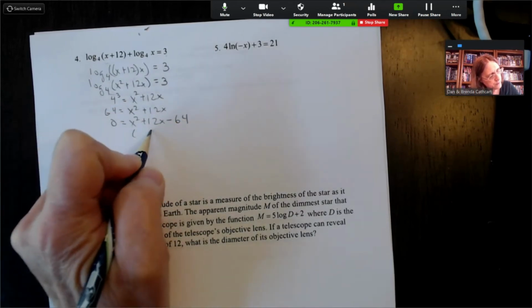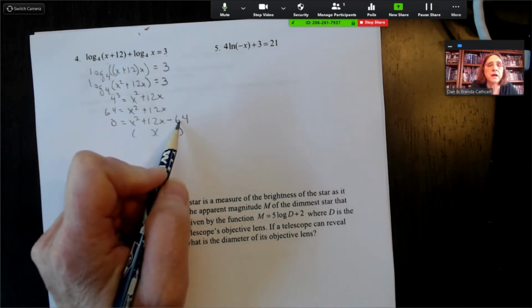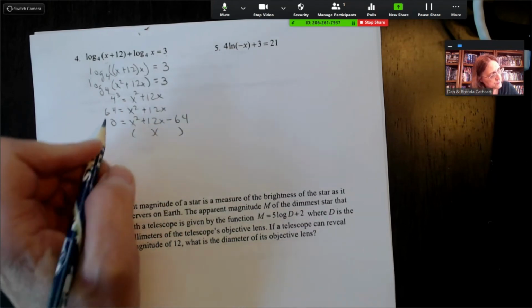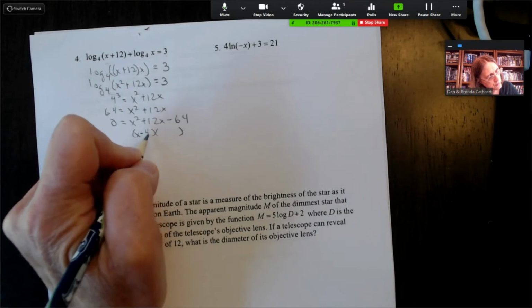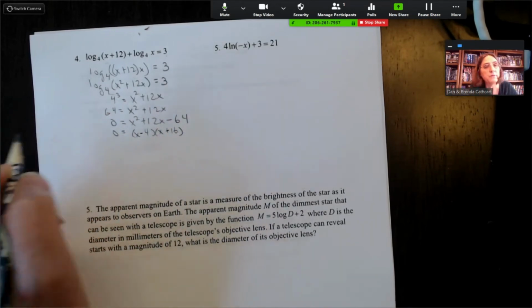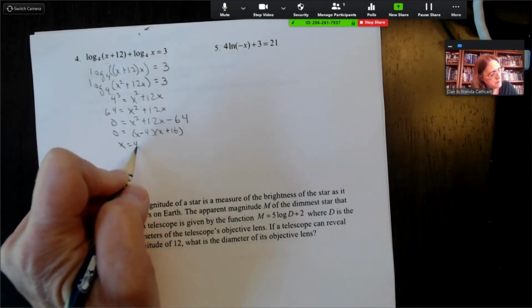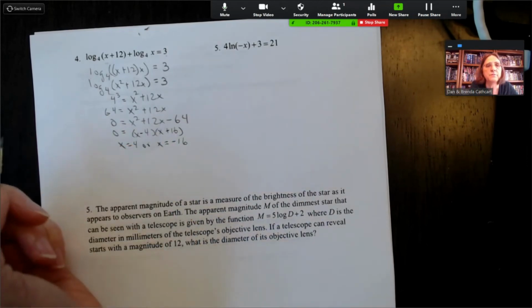And this also factors. The factors of 64, one positive and one negative that add to 12, are going to be 16 and 4. So we have x minus 4 and x plus 16 equal to 0. So we have two solutions: either x is 4 or x is negative 16.